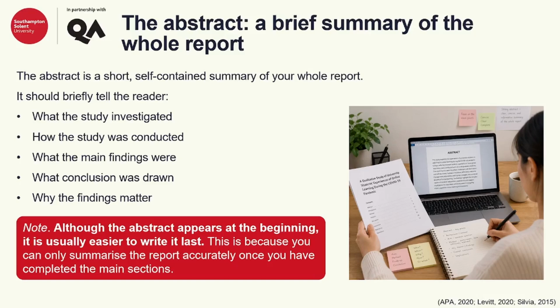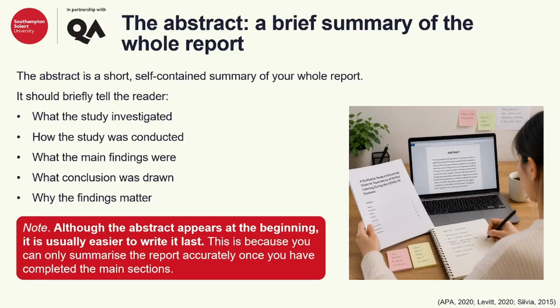Although the abstract appears near the beginning of the report, it is usually easier to write it last. This may initially seem unusual. We often assume that we should write the report in the same order in which the sections appear.